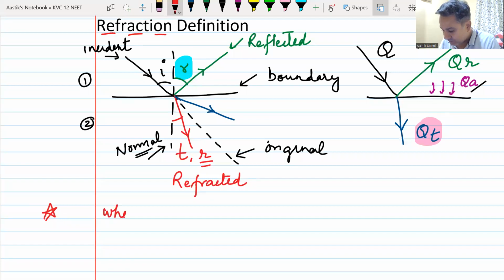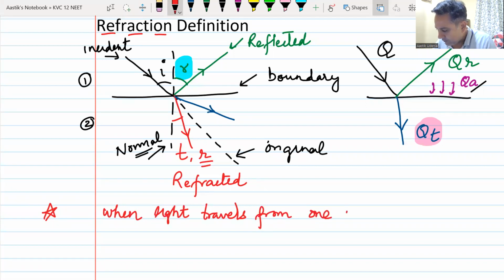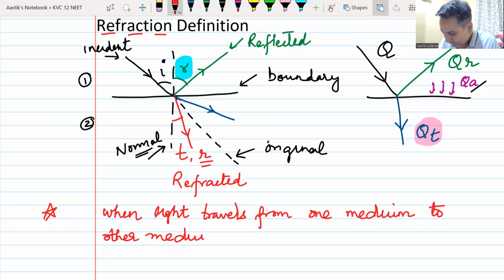When light, or any wave, travels from one medium to the other medium, what all things change and what all things remain the same? I hope you can see this. Yes or no?